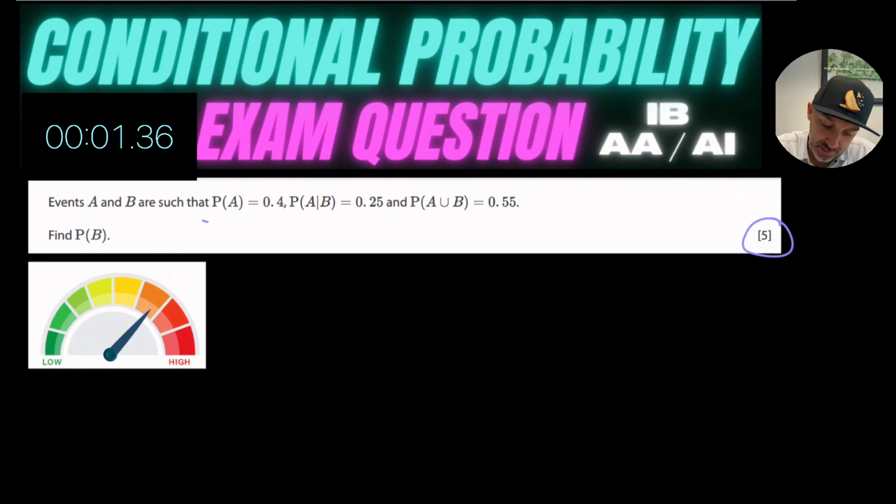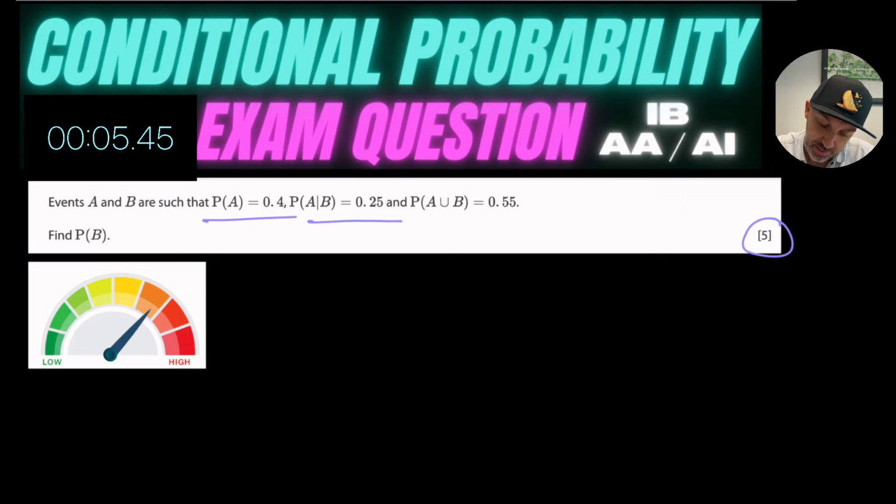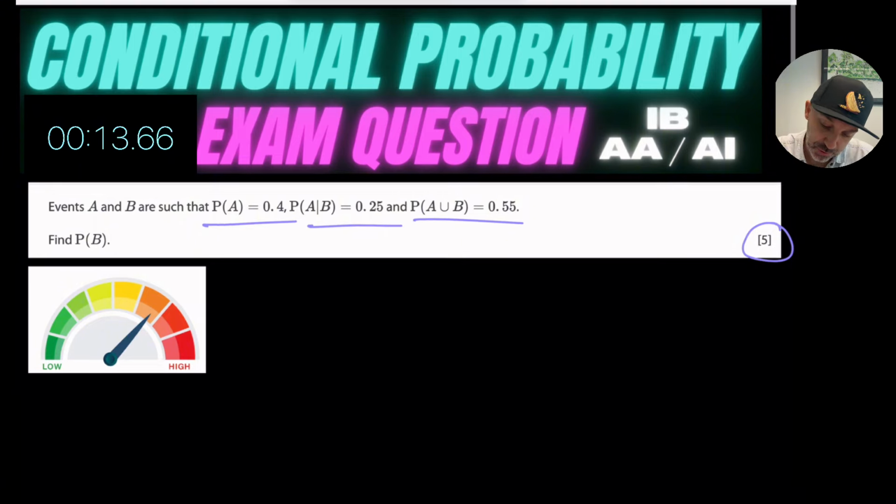Events A and B are such that P(A) is 0.4, P(A given B) is 0.25, and P(A or B) is 0.55. So this question is a little bit out of the normal convention, where we are going to have to use simultaneous equations to solve this.